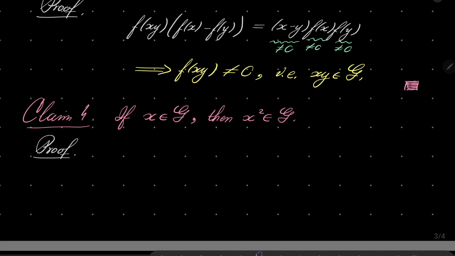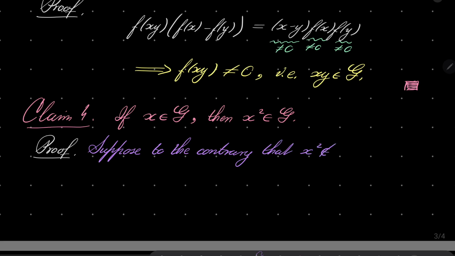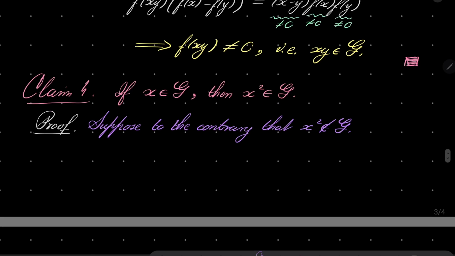Again, let's suppose to the contrary that x squared is not in our set G. By claim number 2, we know that 1 over x is in our set.